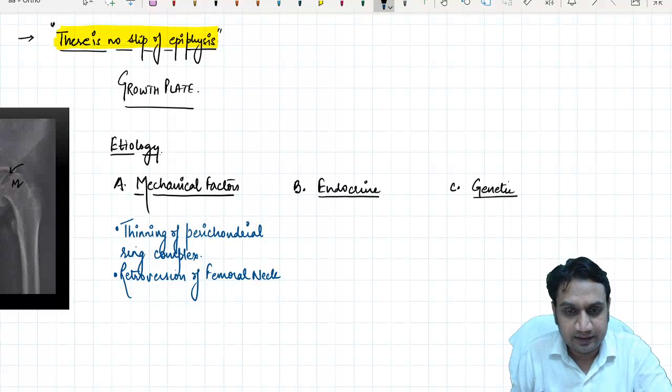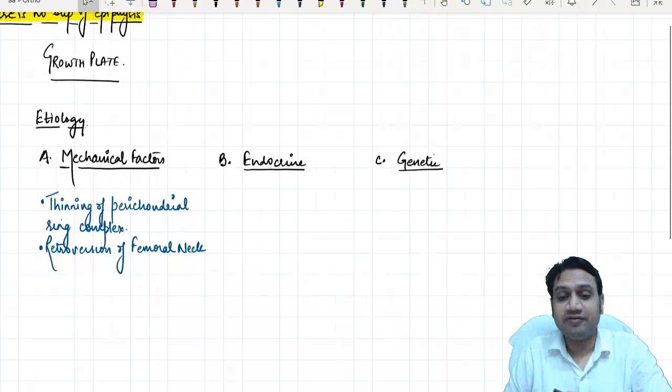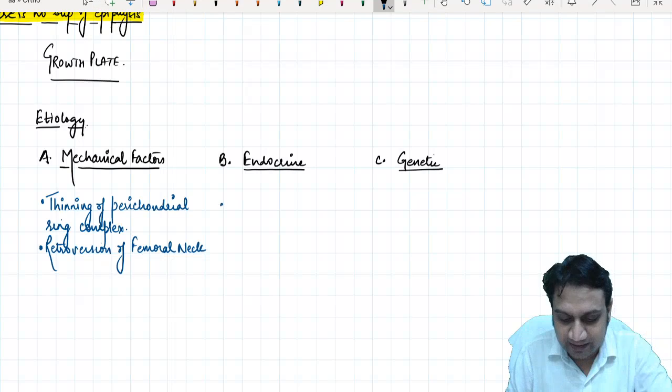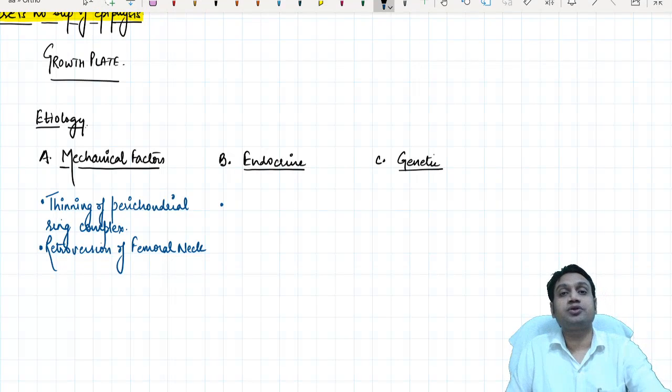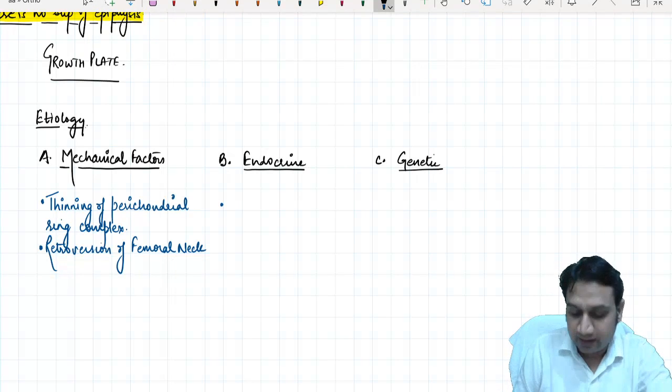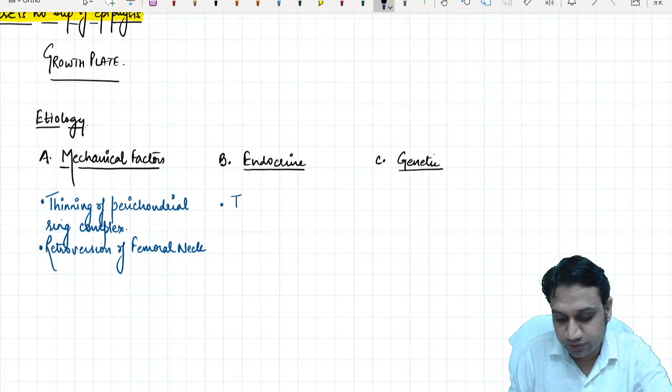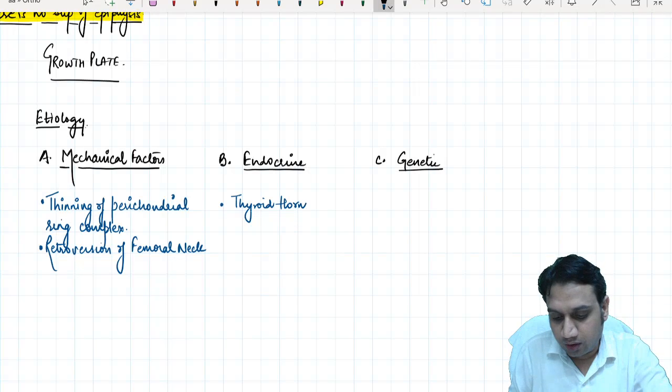Okay, and then coming on to the endocrinal factors. Endocrinal factors are related to the disorders definitely. What are the different disorders that the child may be having? Number one, imbalance in the thyroid hormones, or it has been seen in association with the sex hormones also.